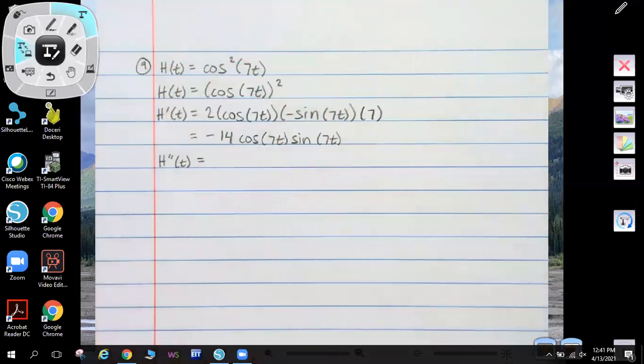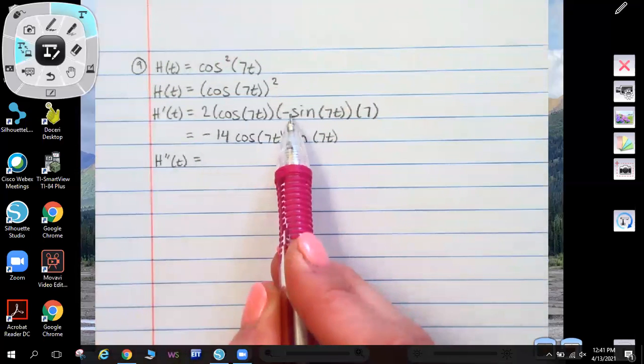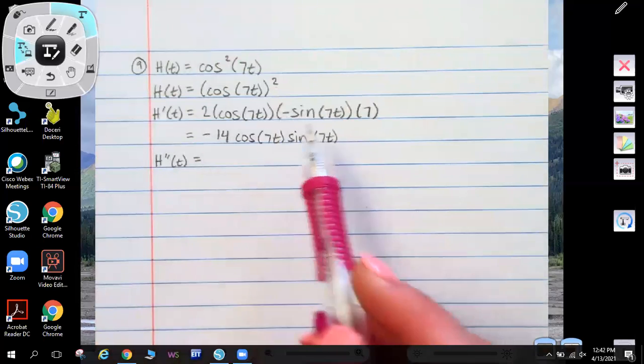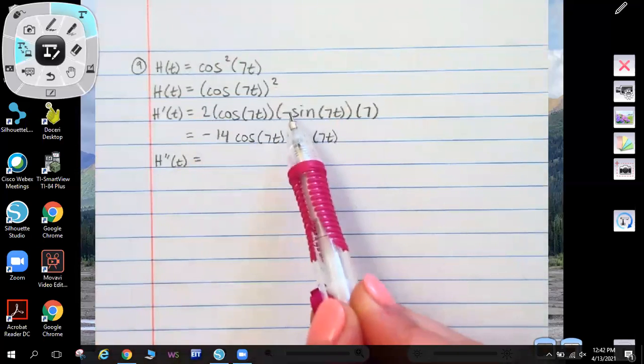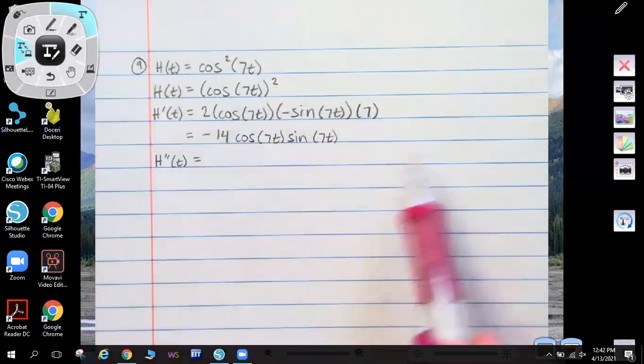We only have to find the second derivative on number 9. Since it's a positive times a positive times a negative times a positive, I know the whole thing eventually will end up being negative. So I just pulled that negative out in front.